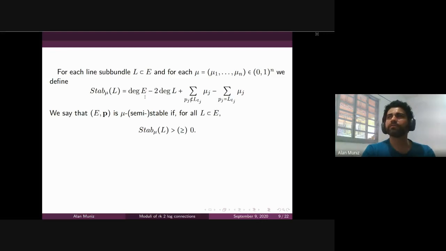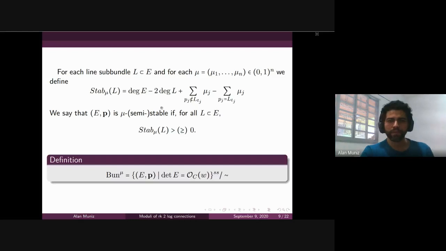For those that are familiar with the theory of parabolic bundles, here we have a notion of parabolic degree, and this condition is just the parabolic degree of E minus the parabolic degree of L. So with this number in hand, we say that a quasi-parabolic vector bundle is mu-semi-stable if we have the usual inequality.